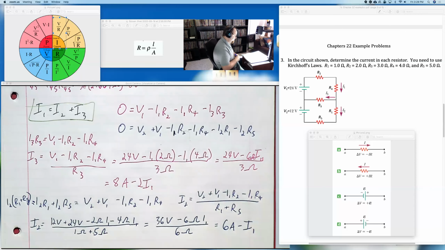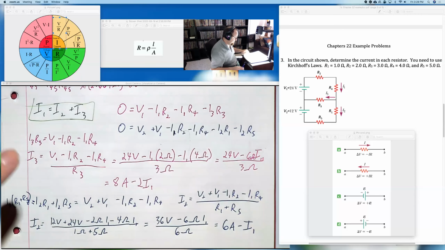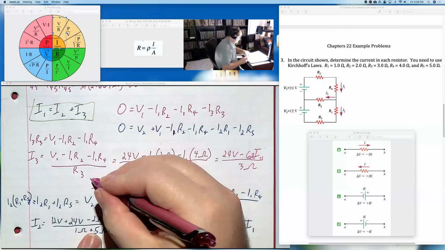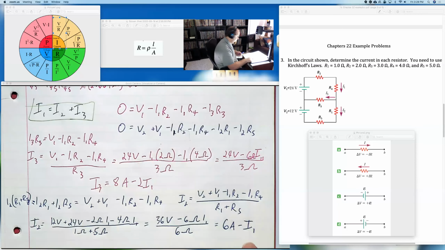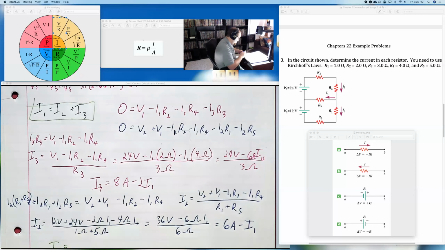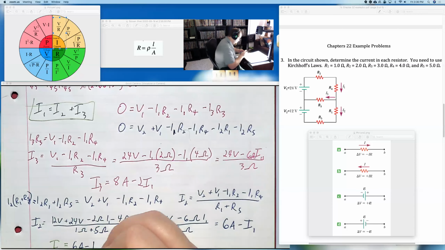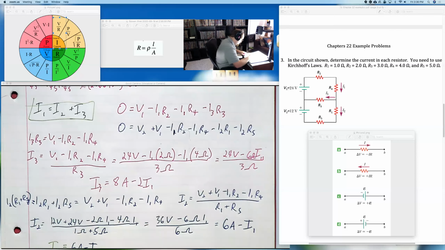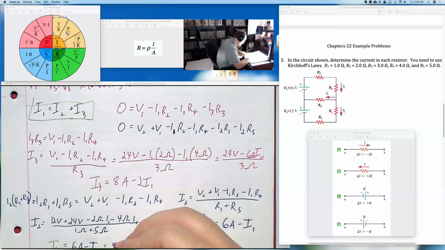And there's another equation. So here's what I got. I1 equals I2 plus I3. However, I3 is this, and I2 is that. And so I'm going to take this top equation, and I'm going to say I1 equals I2 plus I3.